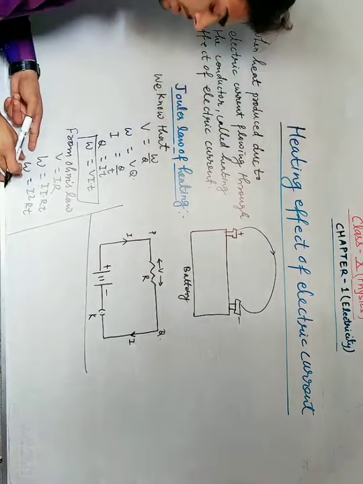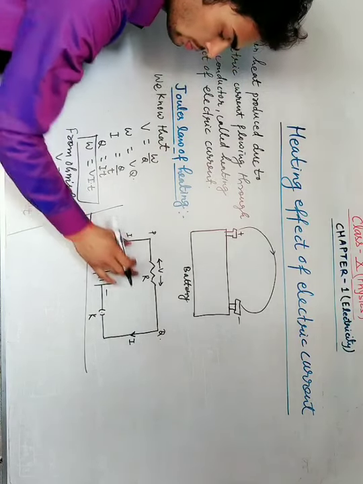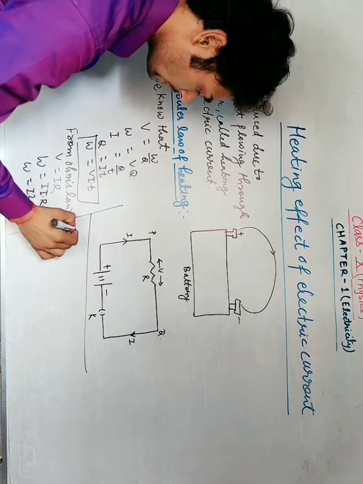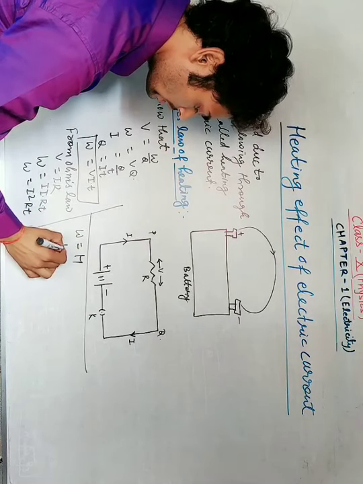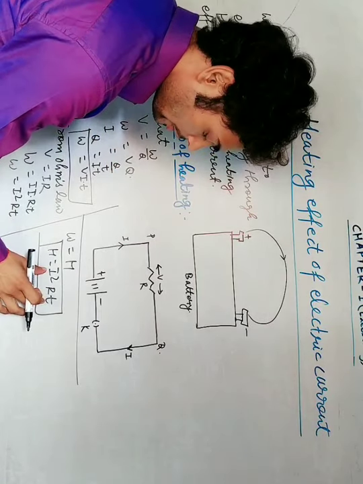But here work done is due to the heating effect of current, then W equals H, then H equals I square RT.